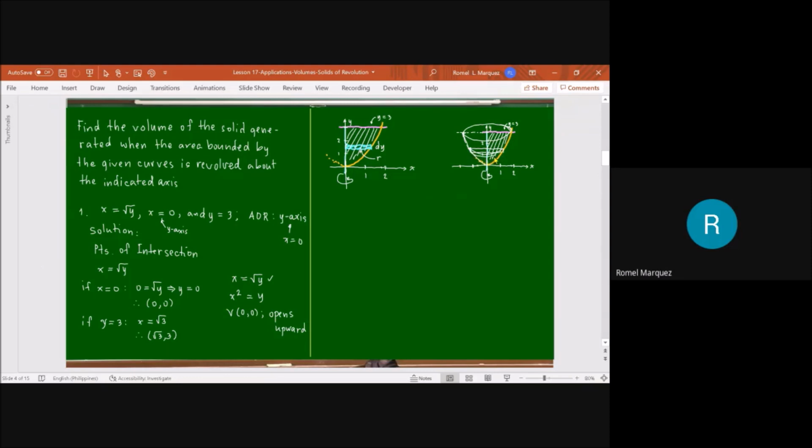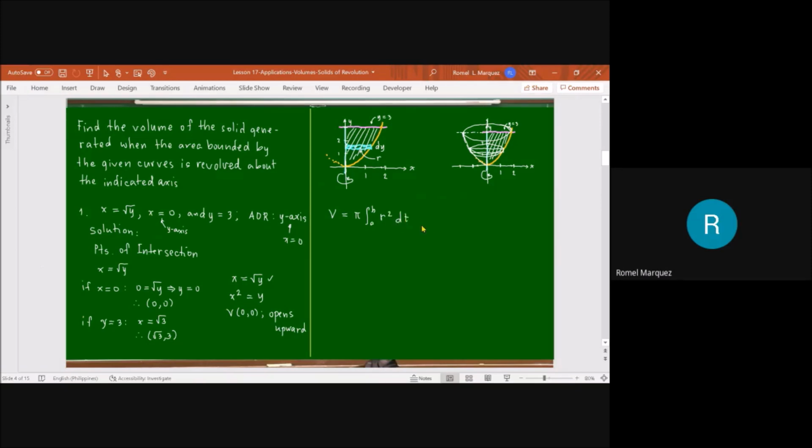Okay, so that's the disk. Is that clear, guys? And so that's the solid. So how to form the volume? Volume is equal to pi integral from A to B radius squared dt.